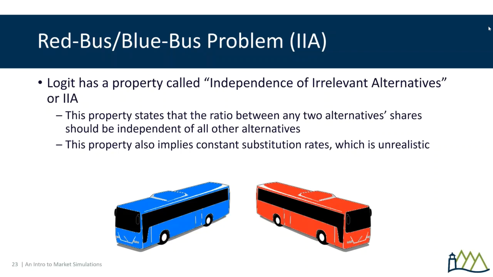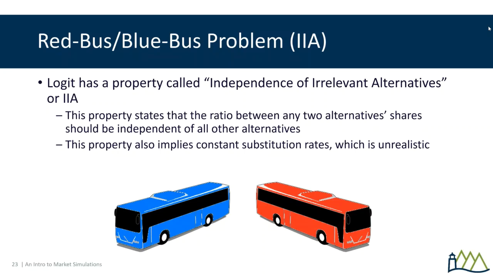Now, when we deal with share of preference, this introduces a certain problem, which we often call the red bus, blue bus problem. The actual term is independence of irrelevant alternatives, or IIA. That states that the ratio between any two alternative shares should be independent of all other alternatives.